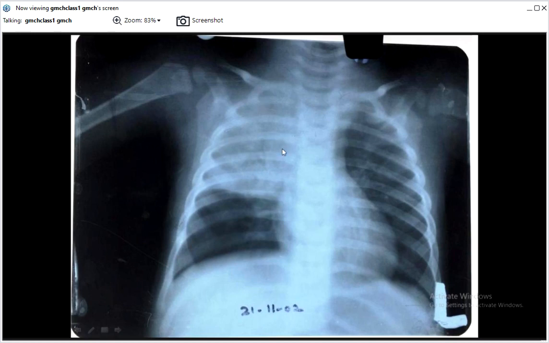And this radio opacity is not completely black. You can see small blackish shadows inside the radio opacity. So what does all this make it? The trachea has no problem, the cardiac silhouette has no problem, radio opacity with air bronchogram. So this is a consolidation of the right upper lobe.